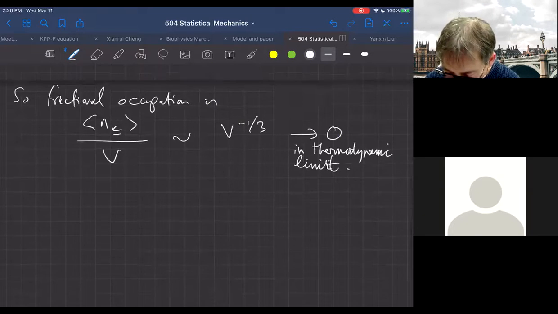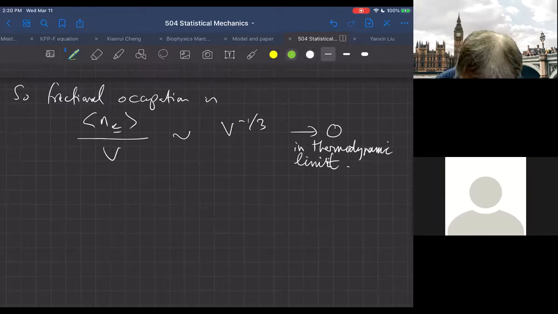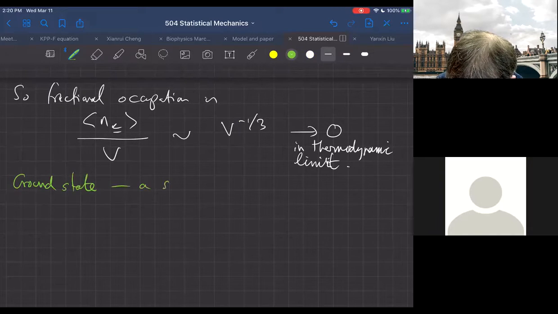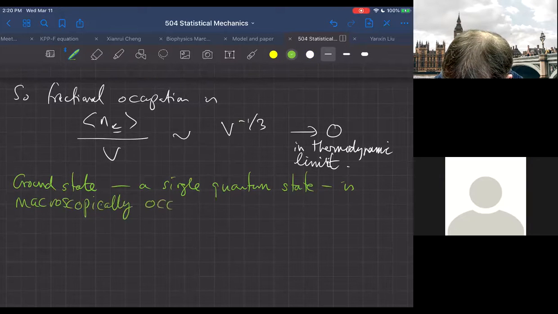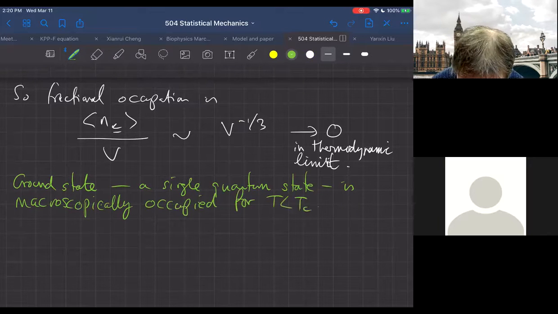So what we've just seen then is that the ground state, which is a single quantum state, is macroscopically occupied for T less than Tc.